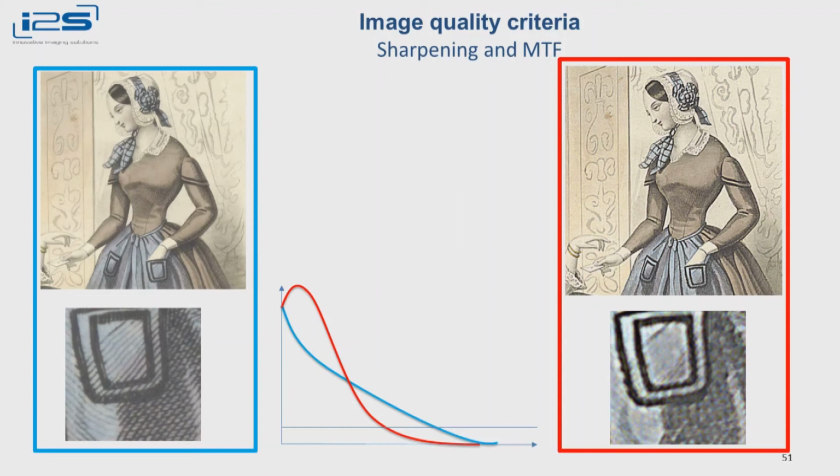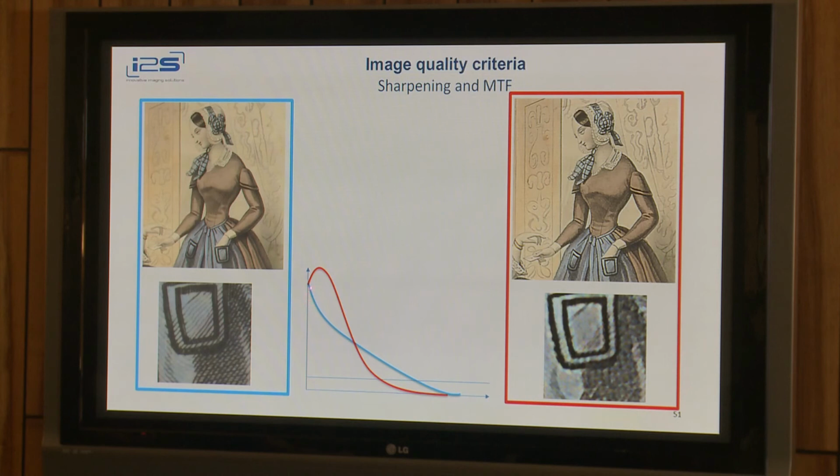At this frequency you have no more contrast, so no more signal. And the sharpening which is applied is probably too much. It's going more than 1, and that's why you have this effect here. You see around the black line, you have a white shadow. It's because of this sharpening which is too strong.